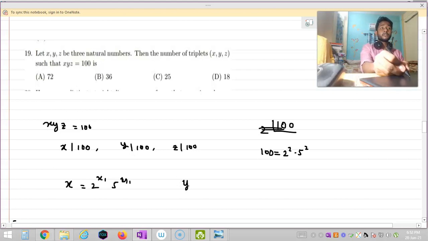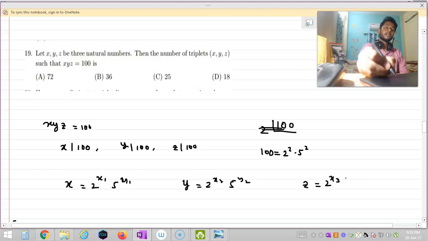The prime factorization of y looks like y = 2^x2 × 5^y2, and the prime factorization of z looks like z = 2^x3 × 5^y3.